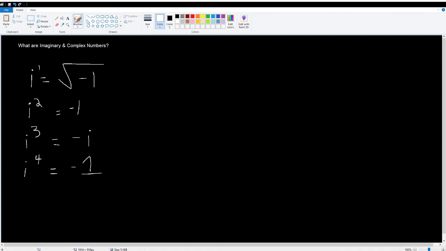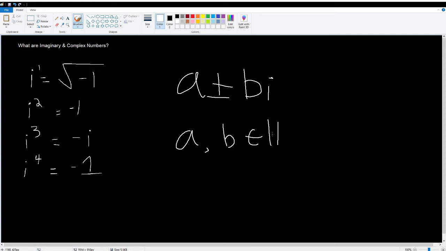Now, to move on, we also have complex numbers. Complex numbers are made up of a plus or minus bi. Okay? So both a and b are real numbers.